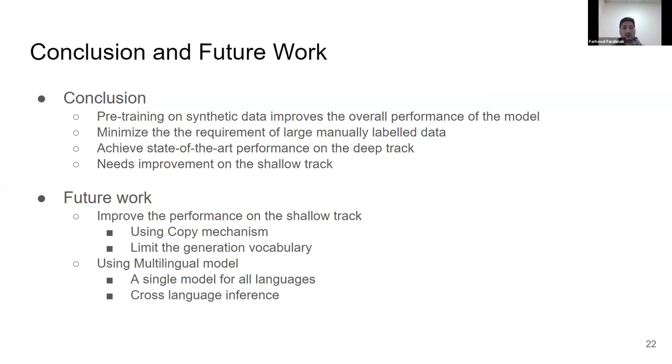In terms of future work, we would like to test some ideas for the shallow track specifically, using a copy mechanism, because in some cases we realized that there are misspellings in the data. We can also limit the vocabulary, the set of tokens to generate, to those that appear in the input and all the inflected forms of them.